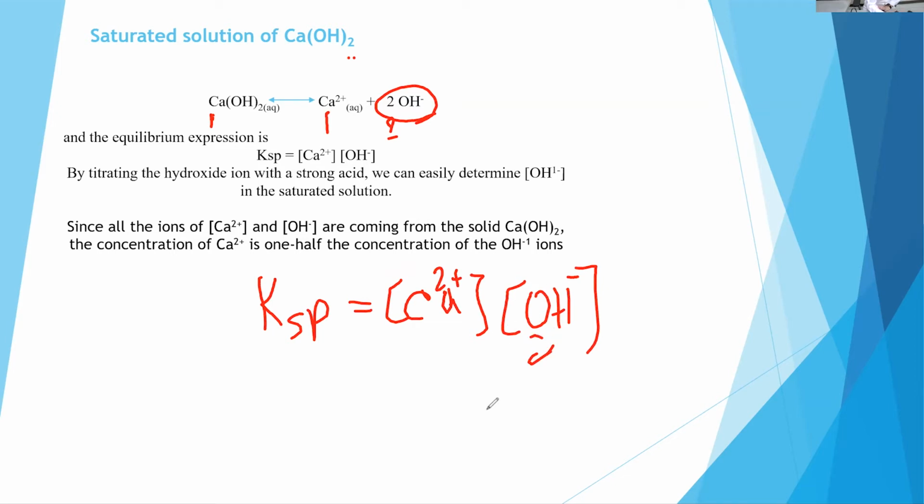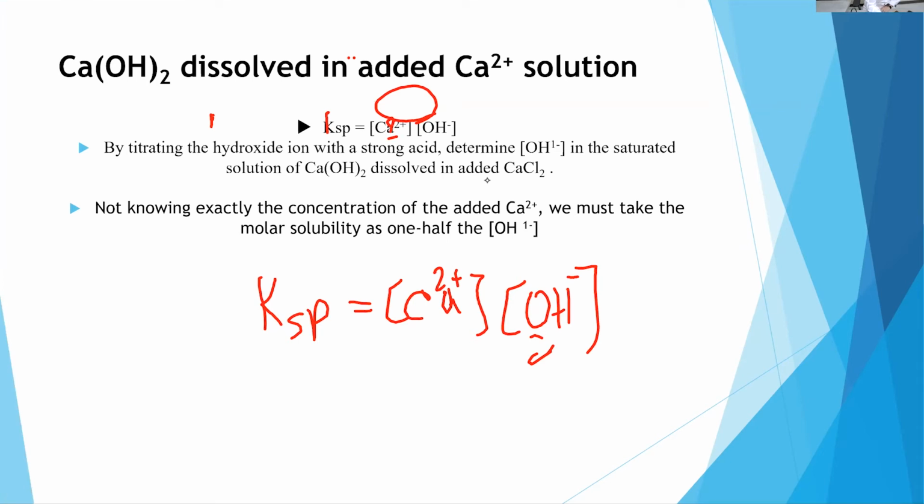We are going to do the titration first and find the concentration. Basically, you find the molarity, and then you divide the molarity of hydroxide by 2 to get the concentration of calcium hydroxide.